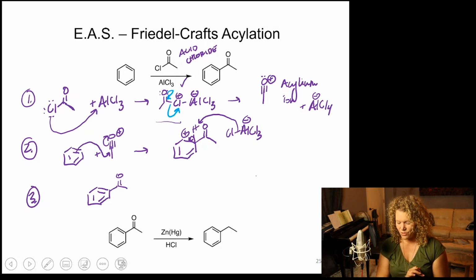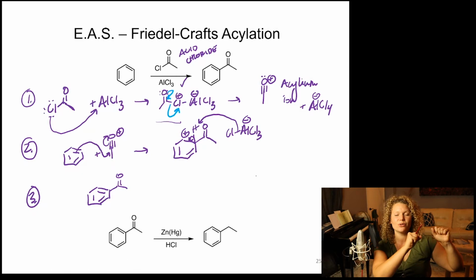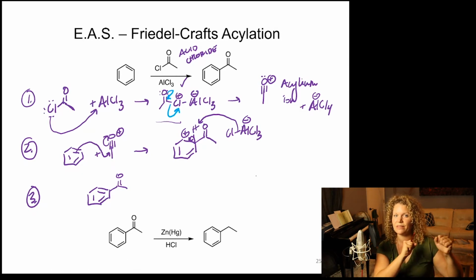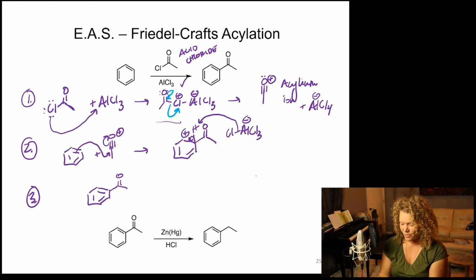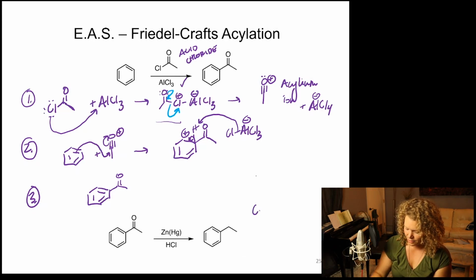Now, one way that you can then take our Friedel-Crafts acylation product with the ketone and turn it into this alkylated benzene ring is by using what we call the Clemmensen reduction.